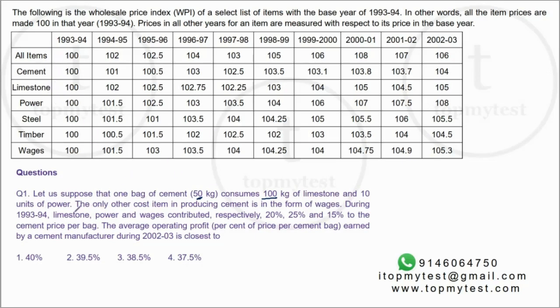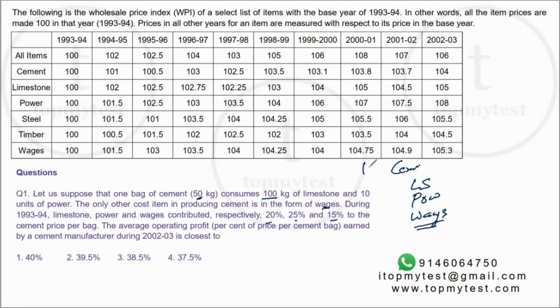Let's see. The only other cost in producing cement is in form of wages. So cement's cost is limestone, power, and wages. These are the only 3. During 93-94, limestone, power and wages contributed 20%, 25% and 15% to the cement price per bag.